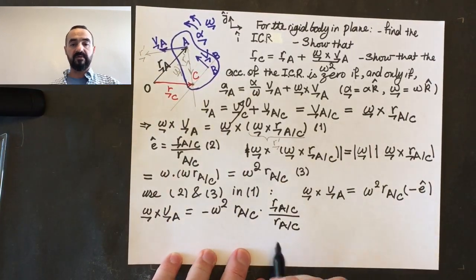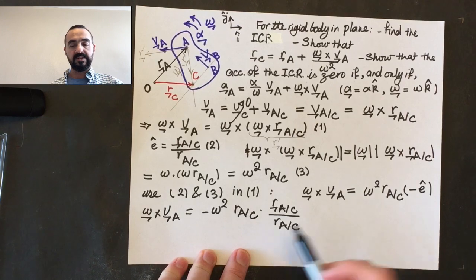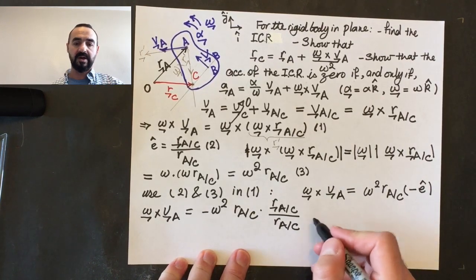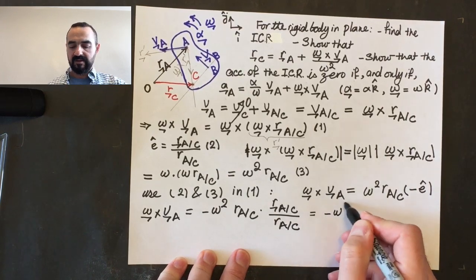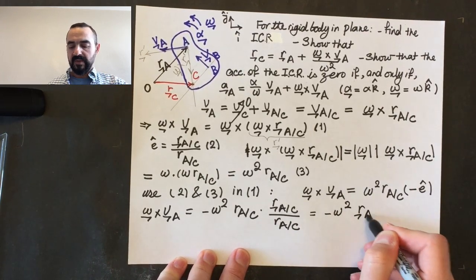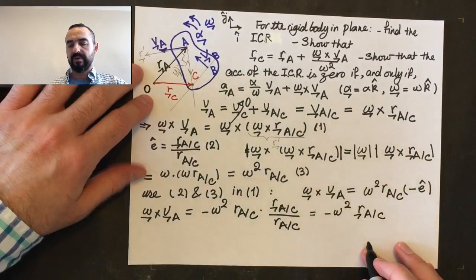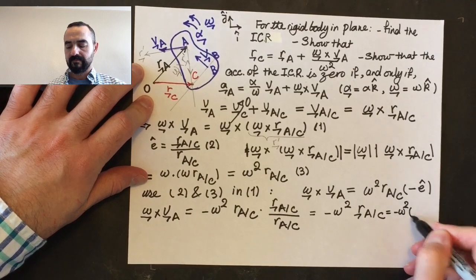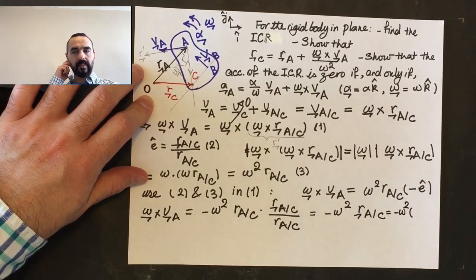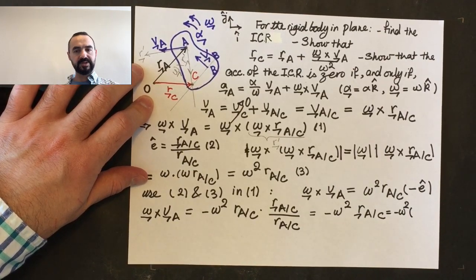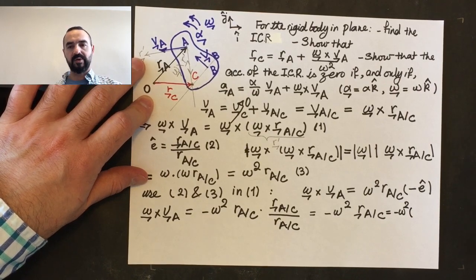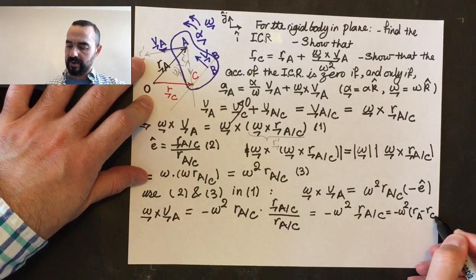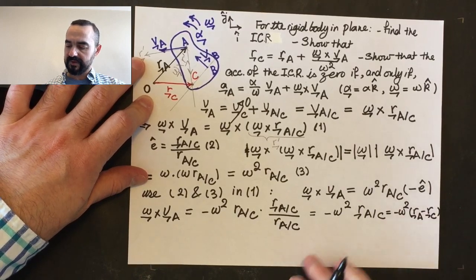So the magnitude of RA with respect to C in the denominator cancels out the magnitude in the numerator, and what we end up having is negative omega squared RA with respect to C. What is RA with respect to C? That should be pretty straightforward. RA with respect to C is RA minus RC, the vector sign.